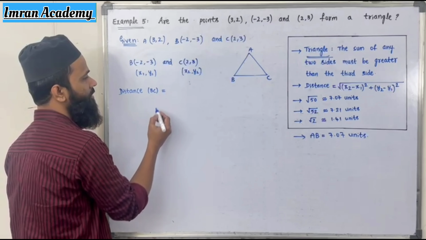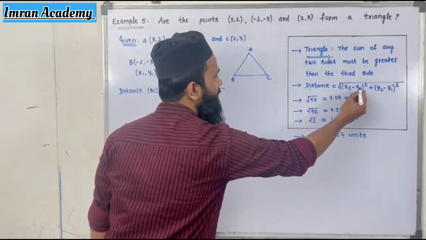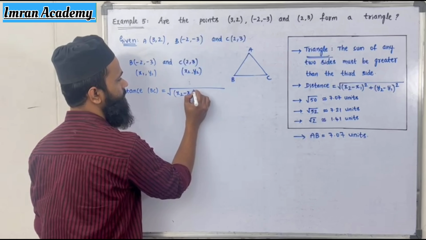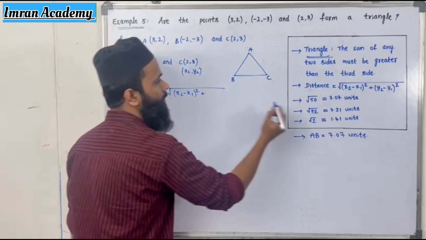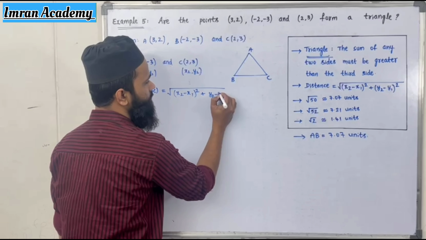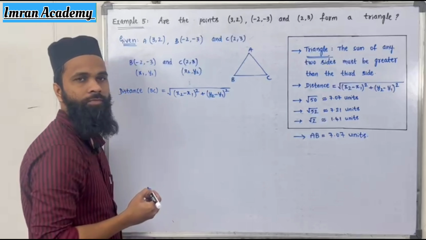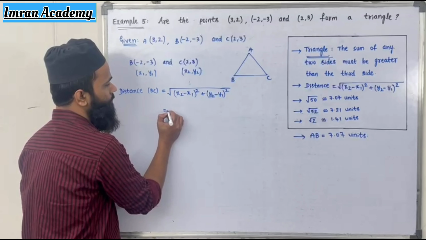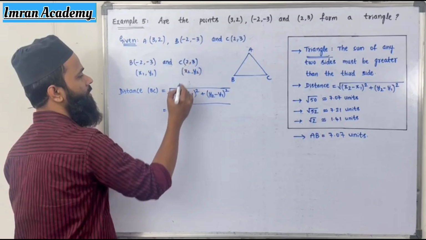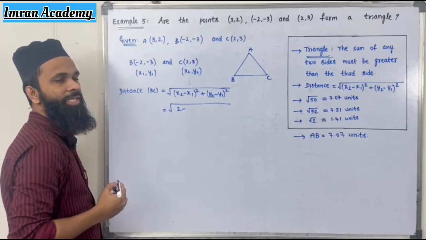Distance BC is equal to square root of (x2 minus x1) whole square plus (y2 minus y1) whole square. x2 is 2 minus x1. x1 is minus 2.